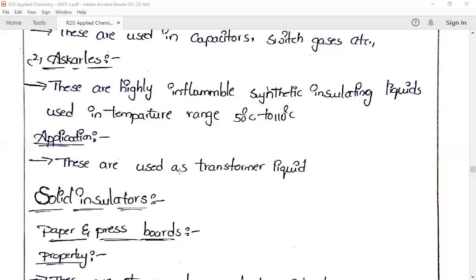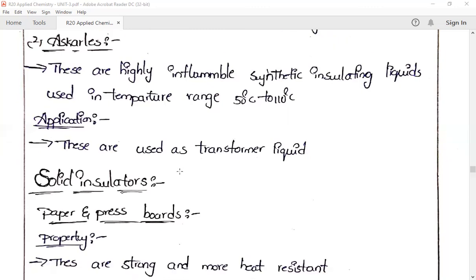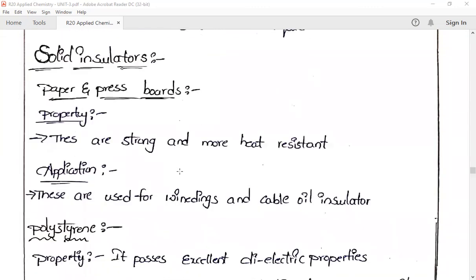Coming to the solid insulator, these solid insulators are classified according to the temperature up to which they can be used, because an insulating material retains its insulating property as long as a certain temperature is not exceeded.